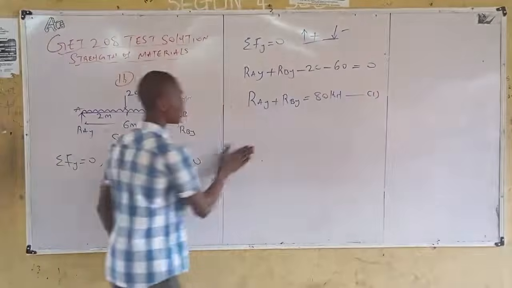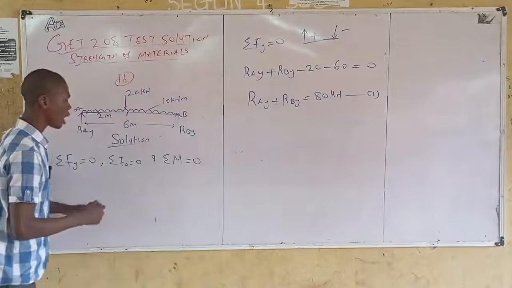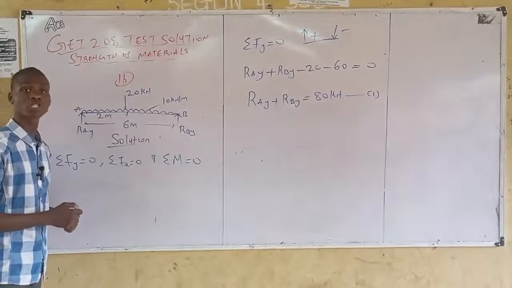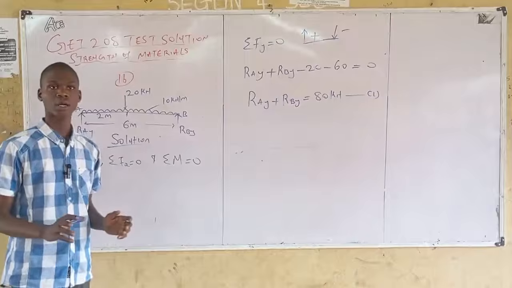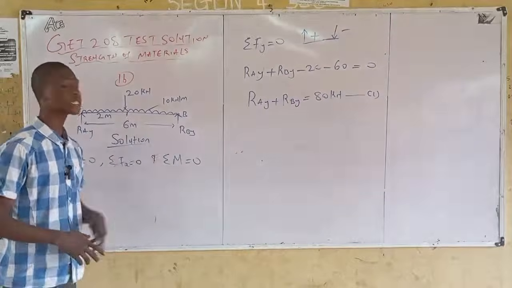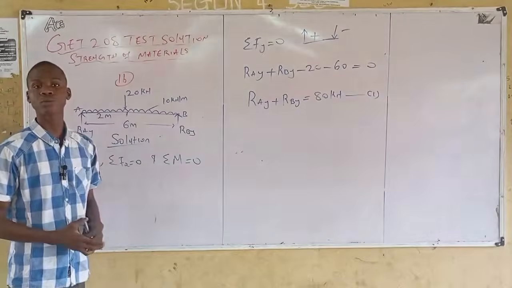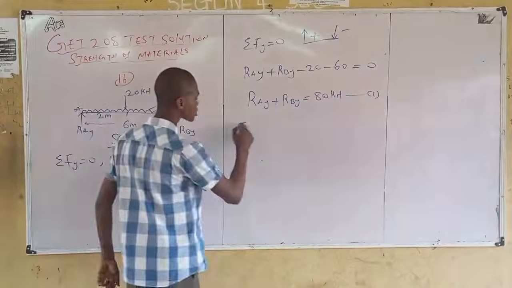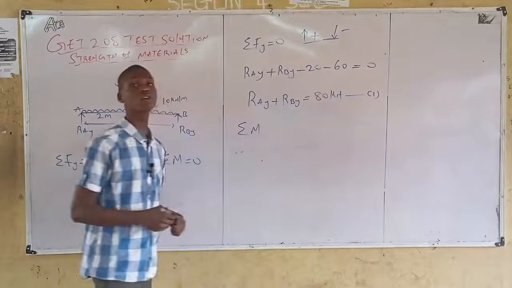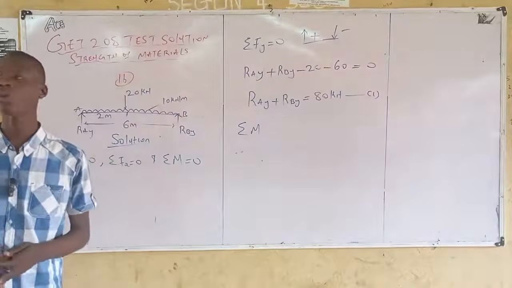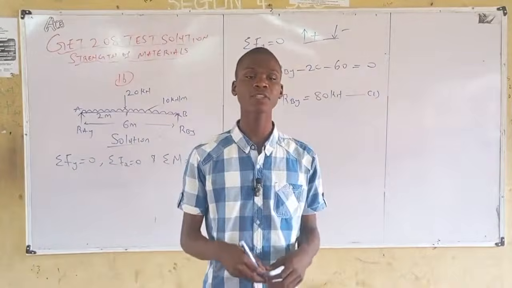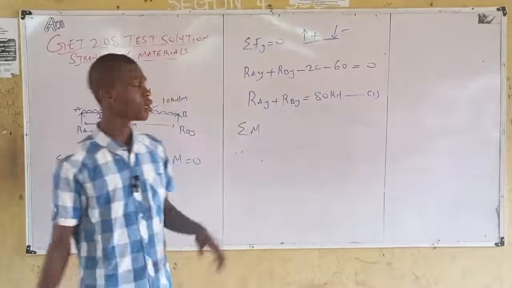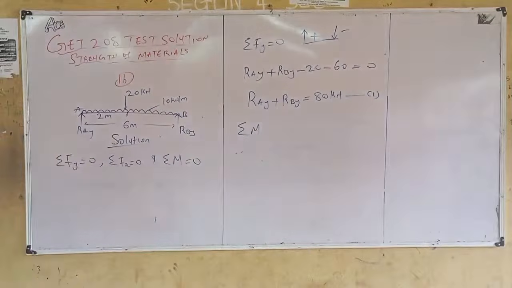So for this particular question, I'm not considering this second condition of equilibrium. Alright, what's the next condition? Summation of moments equals to what? 0. Now, what it means is that anywhere you are taking your moment, the force on that point is 0. How many points do we have here?